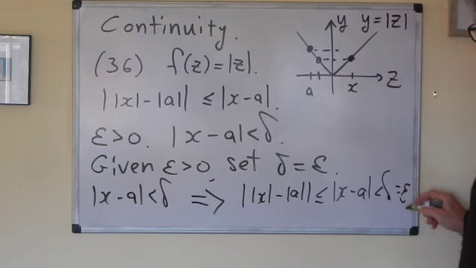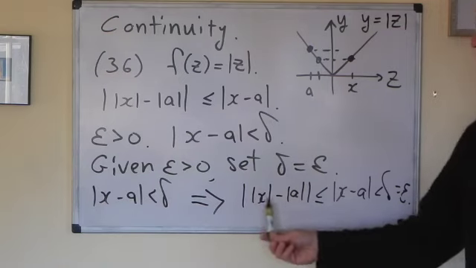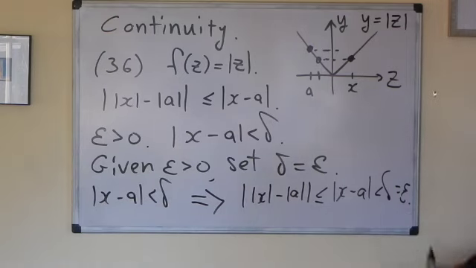And by our choice, that makes the distance between the absolute values less than epsilon.